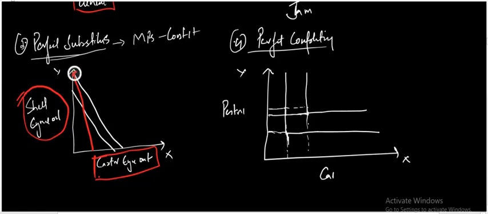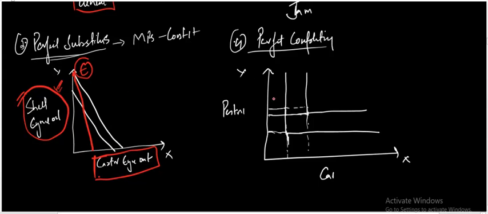So he will be consuming all of the Shell rather than going for the consumption of Castrol. He will be spending all his income on the Shell rather than on the Castrol, because he is very much convinced with the advertisement that Shell is a better engine oil as compared to Castrol.